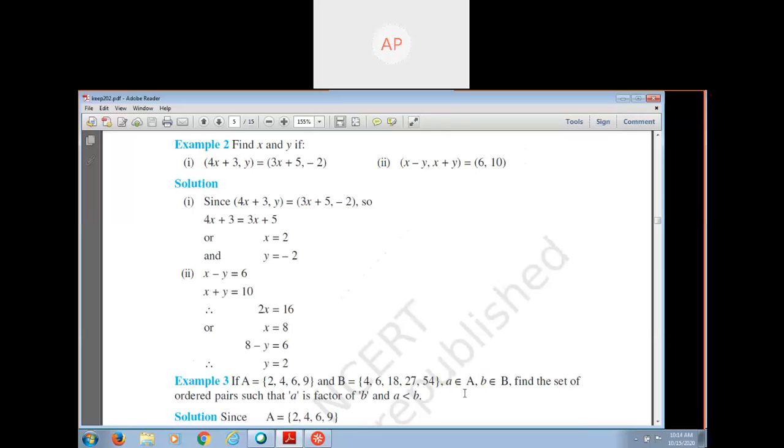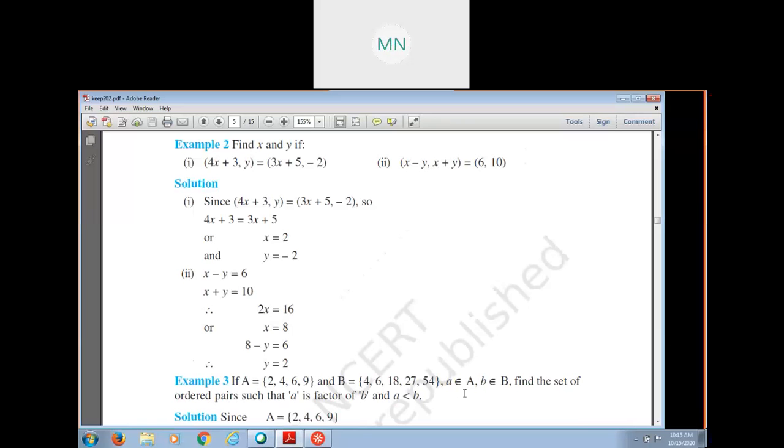You have to submit this problem in your group. After solving, take a photocopy and submit it in the group as an image file. Okay? So write the problem. If A equals 2, 4, 6, 9 and B equals 4, 6, 18, 27, 54.